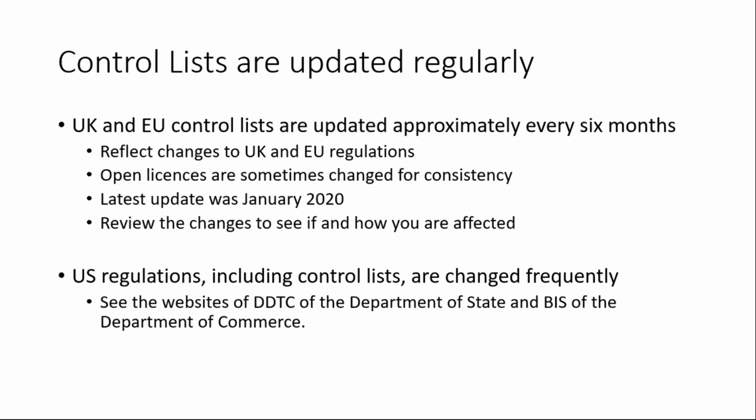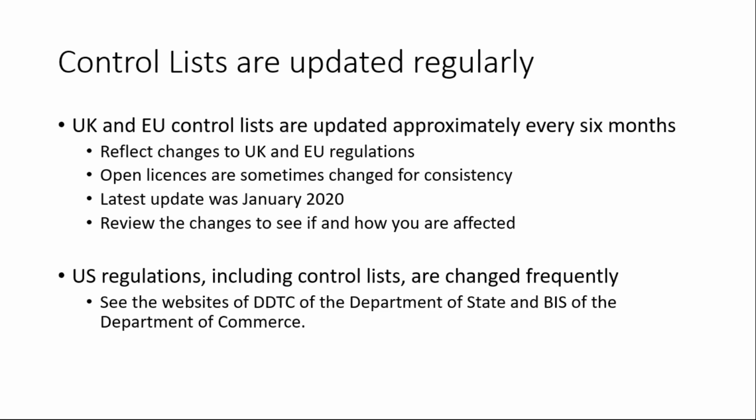The UK and EU control lists are updated approximately every 6 months to reflect changes to UK and EU regulations, and sometimes those changes drive changes in open licenses as well. So it's very important that we keep track of the changes that are taking place.